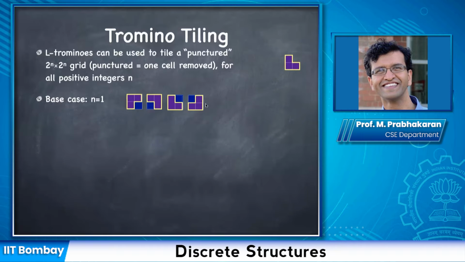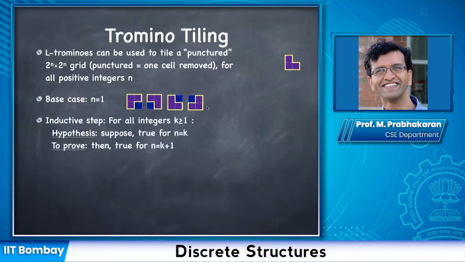Now we would like to use induction. We'll say, okay, take some k, any k greater than or equal to 1, and suppose that the claim holds for n equal to k. I'll prove that the claim holds for n equal to k plus 1. Okay, so how will I do that?